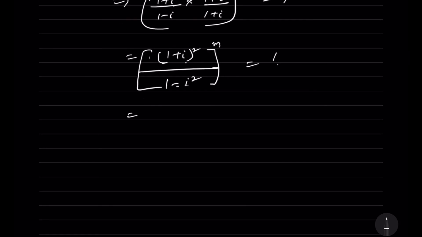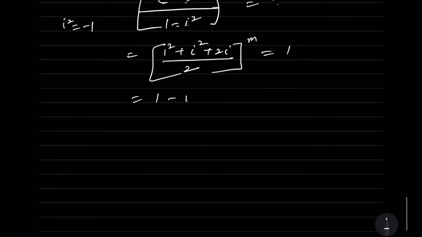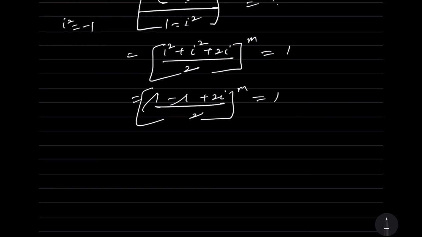Here you are getting 1 square plus i square plus 2i divided by 1 minus i square, where i square is equal to minus 1. So minus 1 into minus will give you plus. So 1 plus 1 is 2. Here whole to the power of m is equal to 1. So here this is equal to 1 minus 1 plus 2i divided by 2 whole to the power of m is equal to 1.